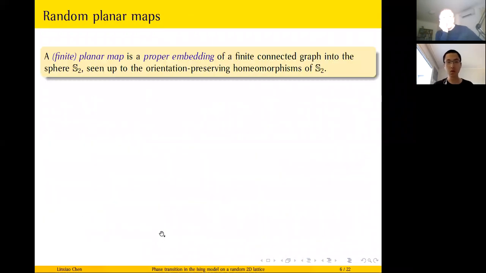Okay, so next I will try to explain what I mean by random 2D lattice. This may be a part which is less familiar to most of you.